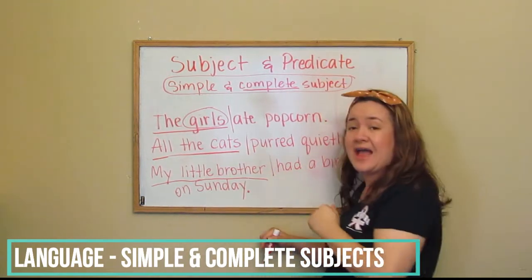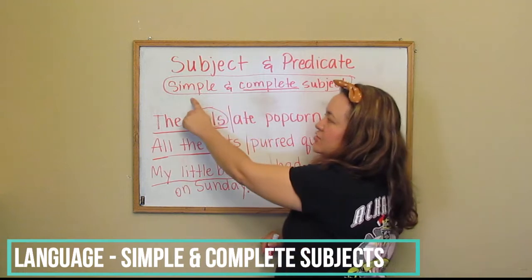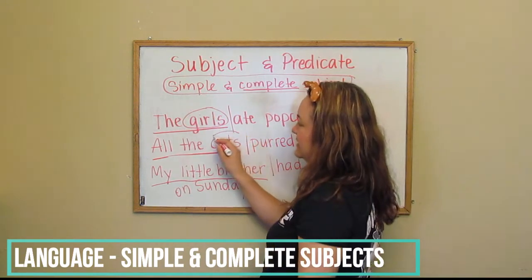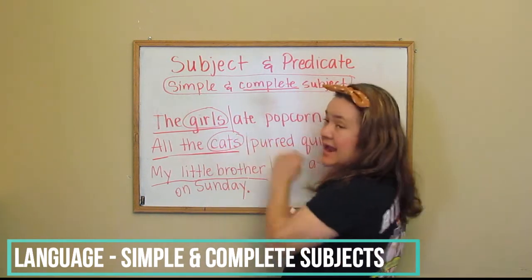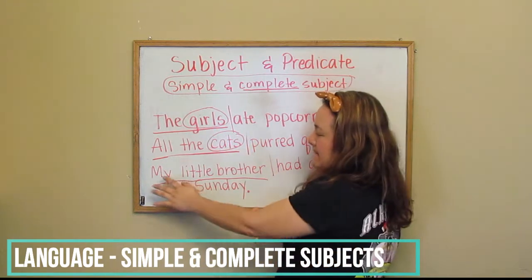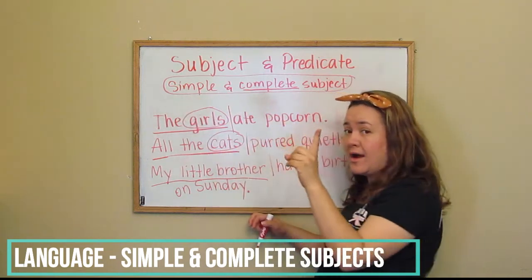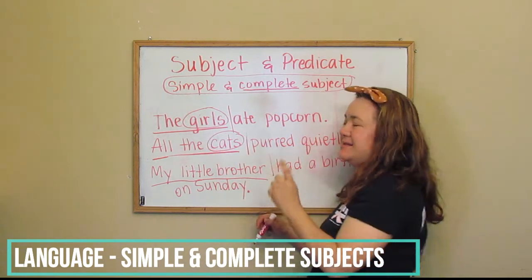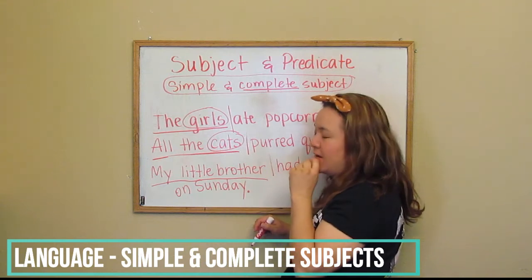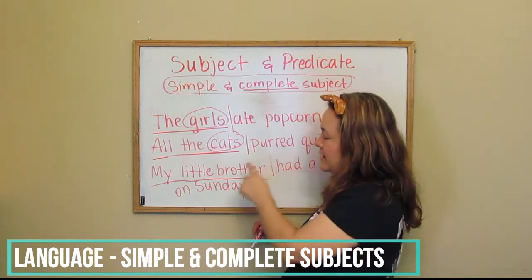All the cats, that's a complete subject, but we're now going to circle the simple, just cats. Again, they're nouns, okay? Girls, cats, sometimes a pronoun. Okay, my little brother. We want just the simple subject, the one, possibly two words. Is it my? No. Is it little? Little's not a noun, it's an adjective, it's a describing word.